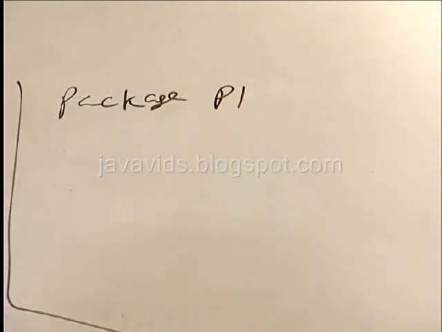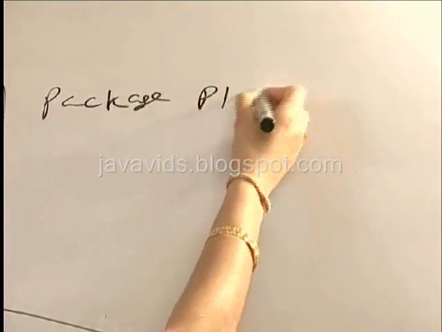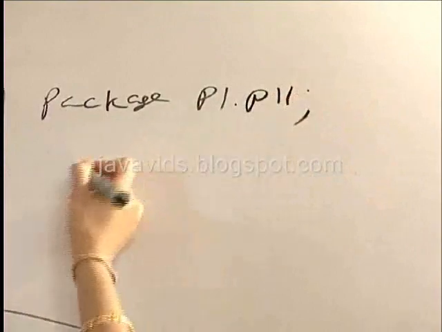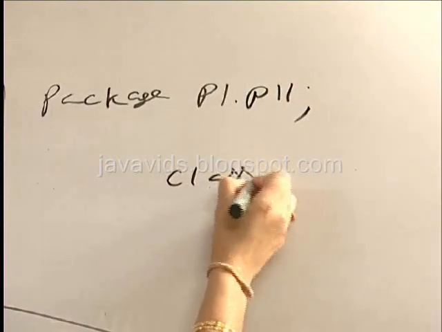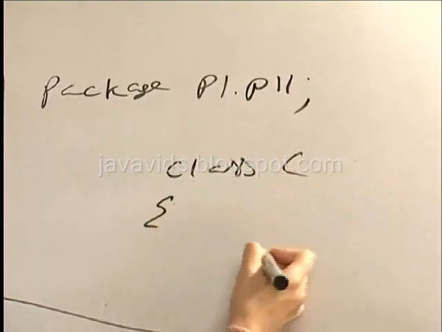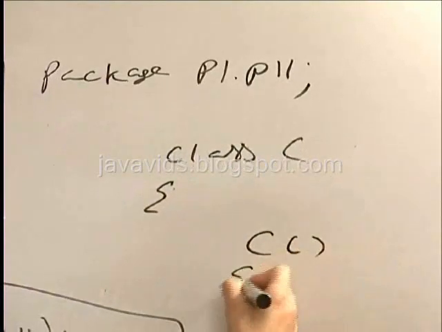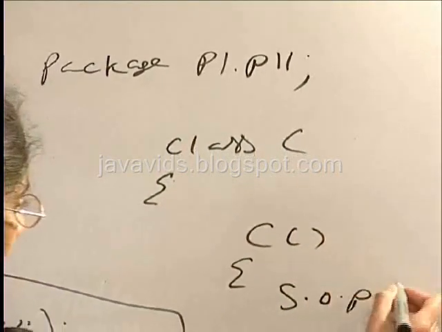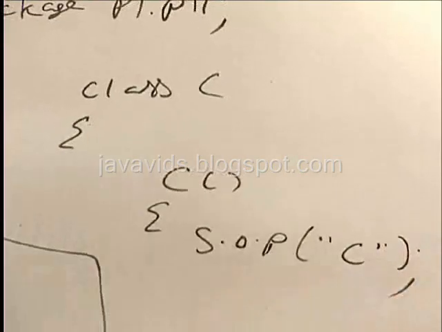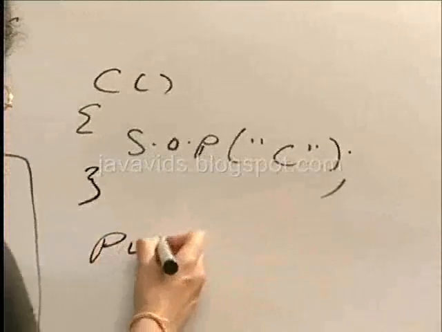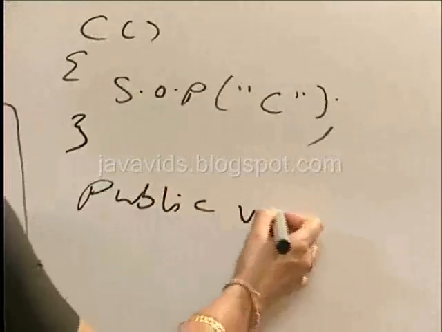Let's say we want to have a sub-package for P1 called P11, and in this sub-package we want to have class C which again has a constructor. And we'll write the disp method here as well.